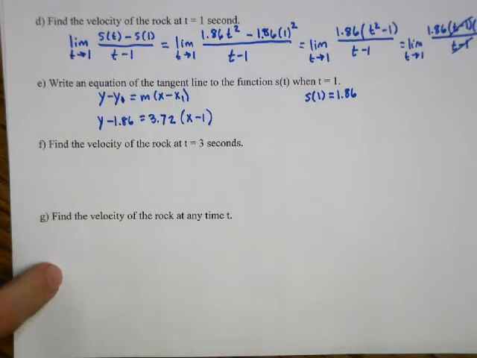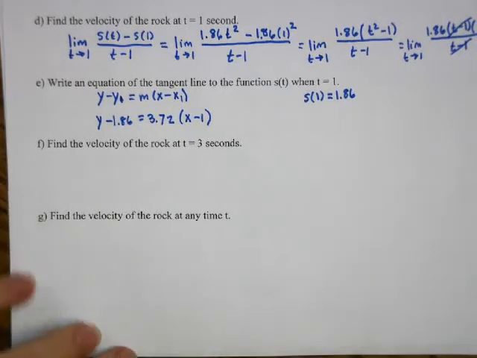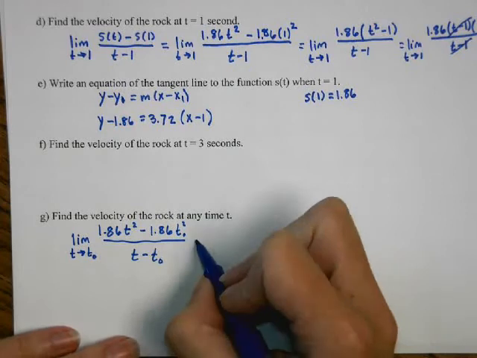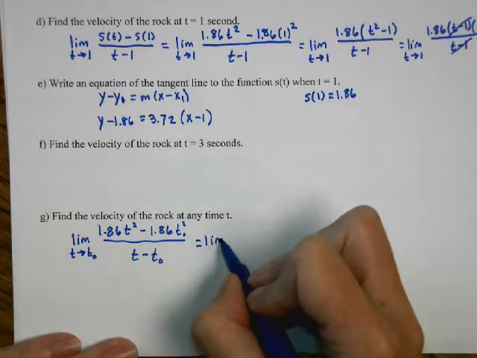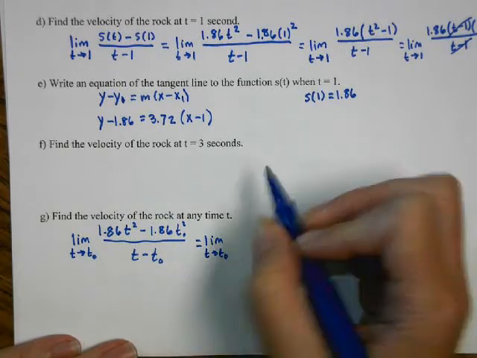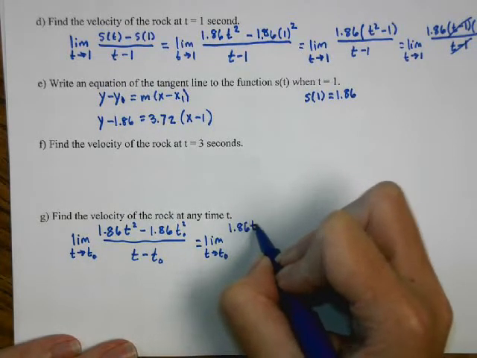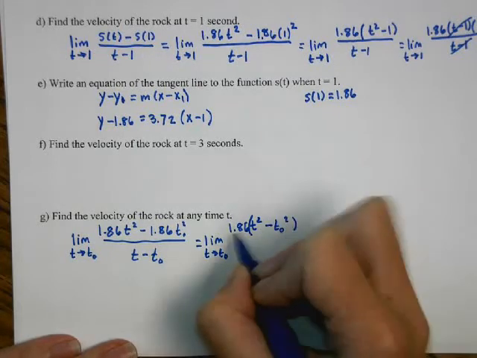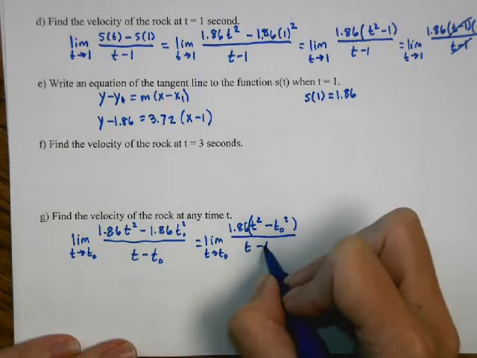This one we're going to do the same thing just generically for t. So we're going to look at the limit as t goes to some time that we are interested in. So that's going to be f of t minus f of t naught, the time we're interested in, over t minus t naught. So we're going to factor. This will be the difference of squares again.